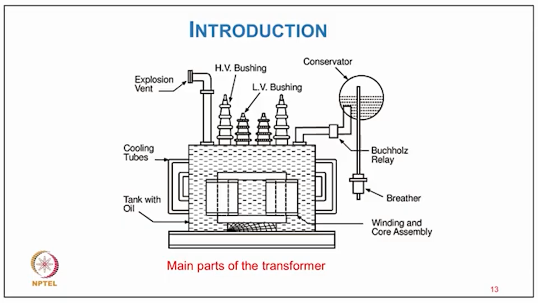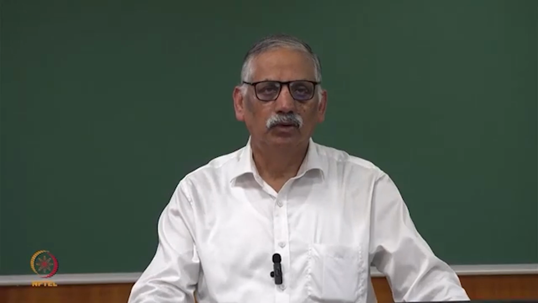Typically, in the oil filled transformer here, we have a cooling oil in the body of the transformer, but of course you have a core and a primary and secondary of the transformer with the tank. And then of course, if you go to a higher rating, you have more losses.